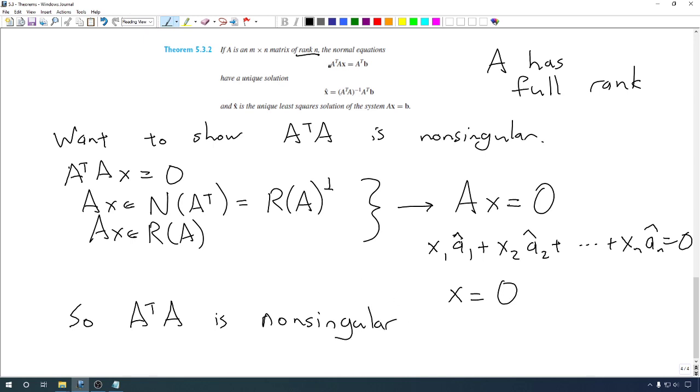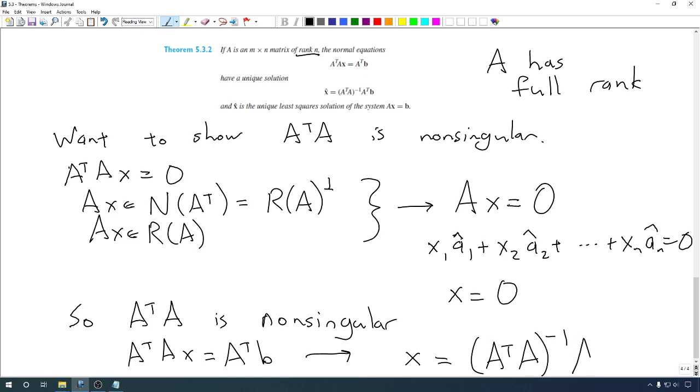And so we're basically just allowed to multiply each side of this by the inverse of that matrix. So here, A transpose A x equals, sorry, we need A transpose B. If we can basically multiply each side by the inverse of this matrix that's in front of the x, we can cancel it out on this side, and then we're left with the inverse times what we originally had on that side.